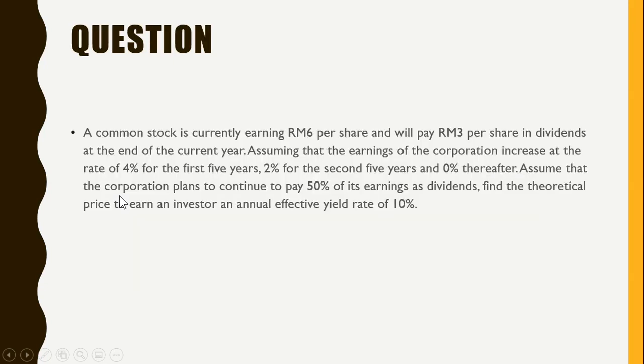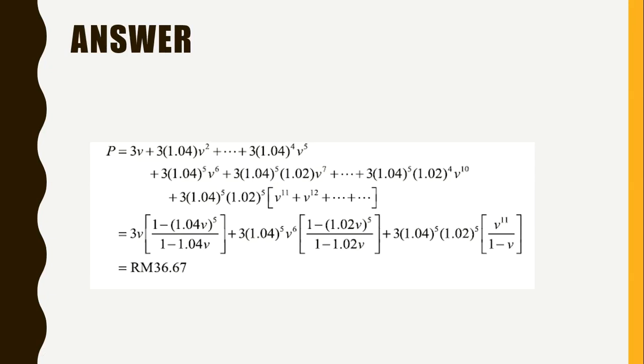Then he says 2% for the second 5 year. The second line here, so we write 3 multiply with 1.04 power 5. This is the first 5 year interest rate, so it will remain here. Multiply with V power 6 plus 3 multiply with 1.04 power 5 multiply with 1.02.